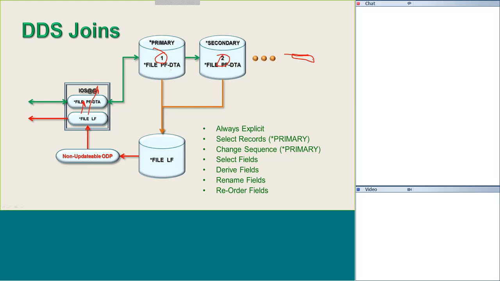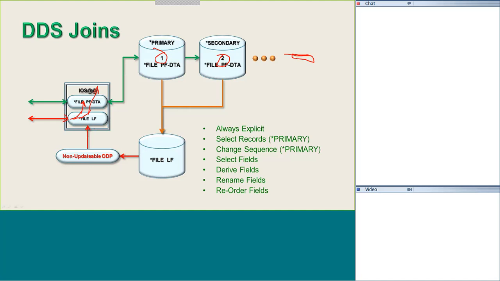And of course, an update on any one of these physicals will immediately, on commit, represent in the logical file. So if you did that and updated, if you made this an updatable open data path, you would actually be doing that.